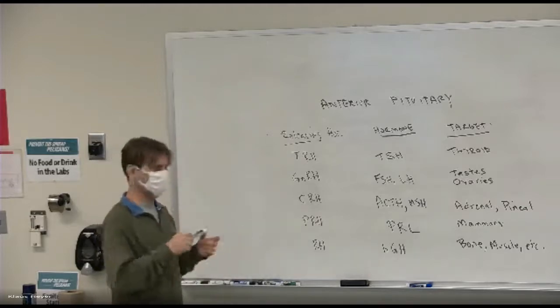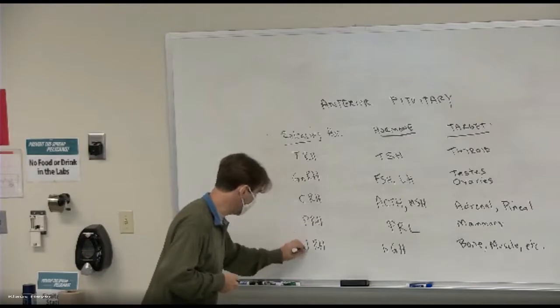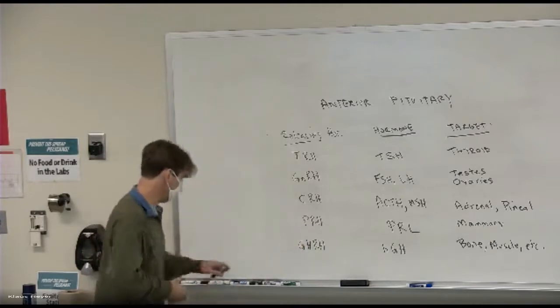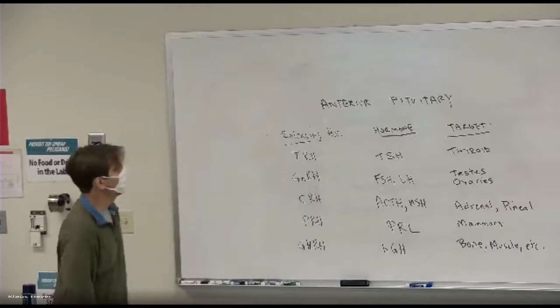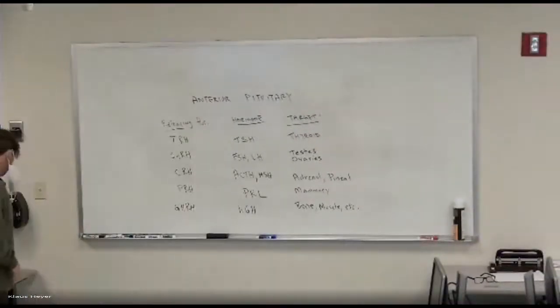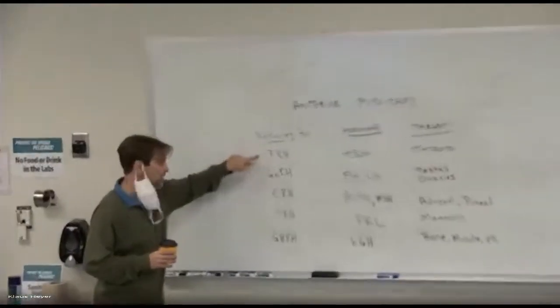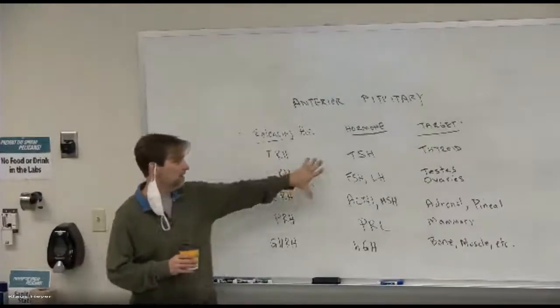This one's a little different. GH, growth hormone releasing hormone. So those are the 5 releasing hormones that the hypothalamus makes. Once these are released, these can be made.